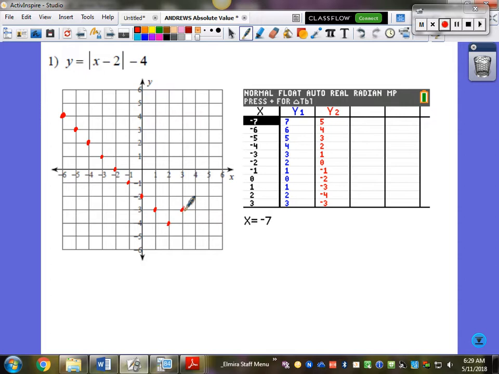Okay, so I can see that this is what the graph is doing so far. Okay, here's the vertex. Here's where it changed direction. We can solidly say it's going to keep following this pattern, going in this direction. Arrows on both ends. Label your graph.